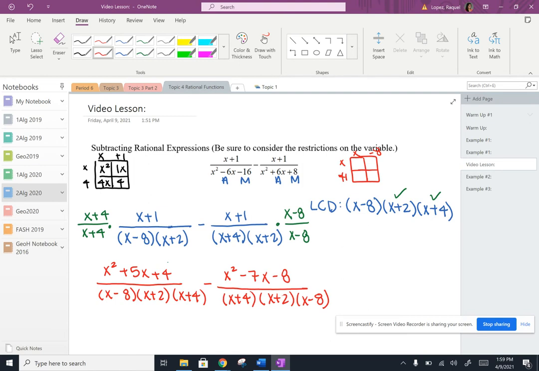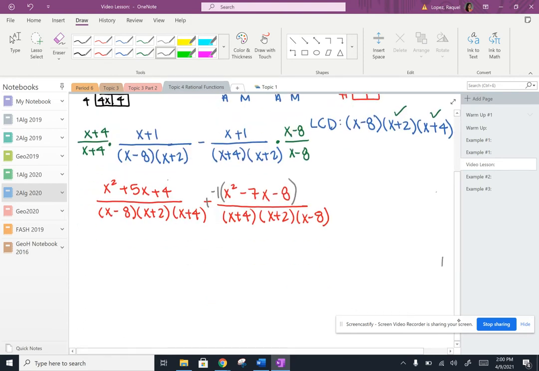When I'm subtracting, one thing I can do is distribute this negative. So I can turn this into a plus sign and then multiply everything in here by -1. This way I'll be able to rewrite this as an addition problem and make life just a little easier.